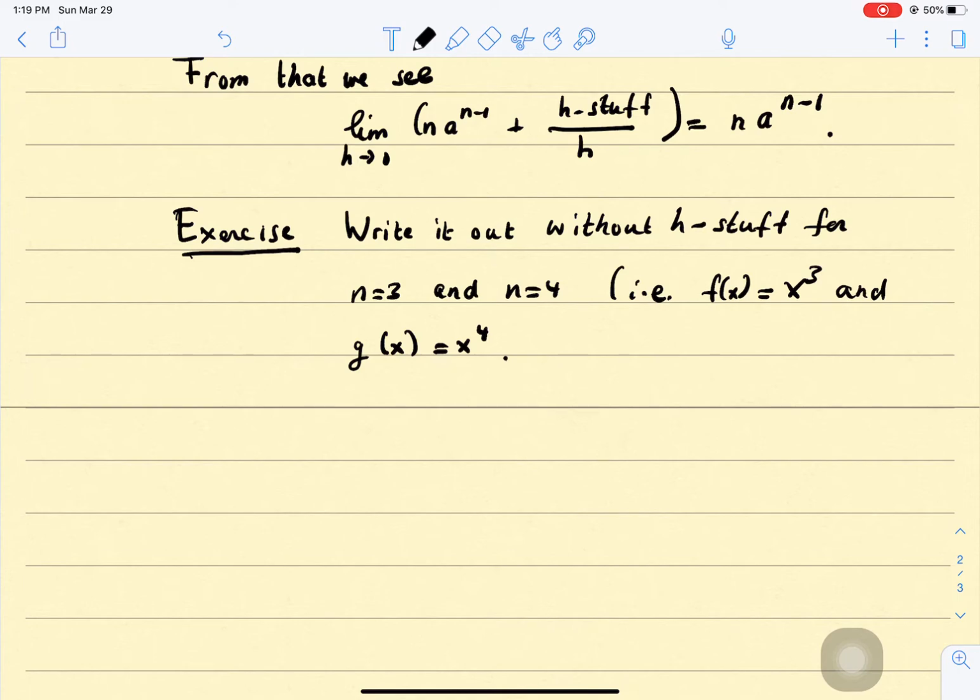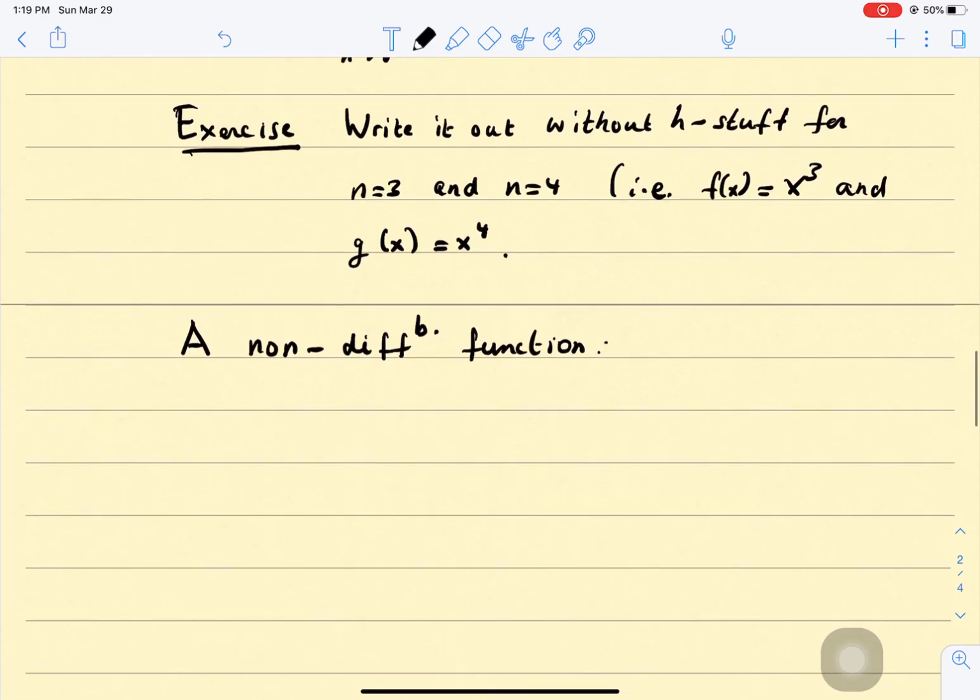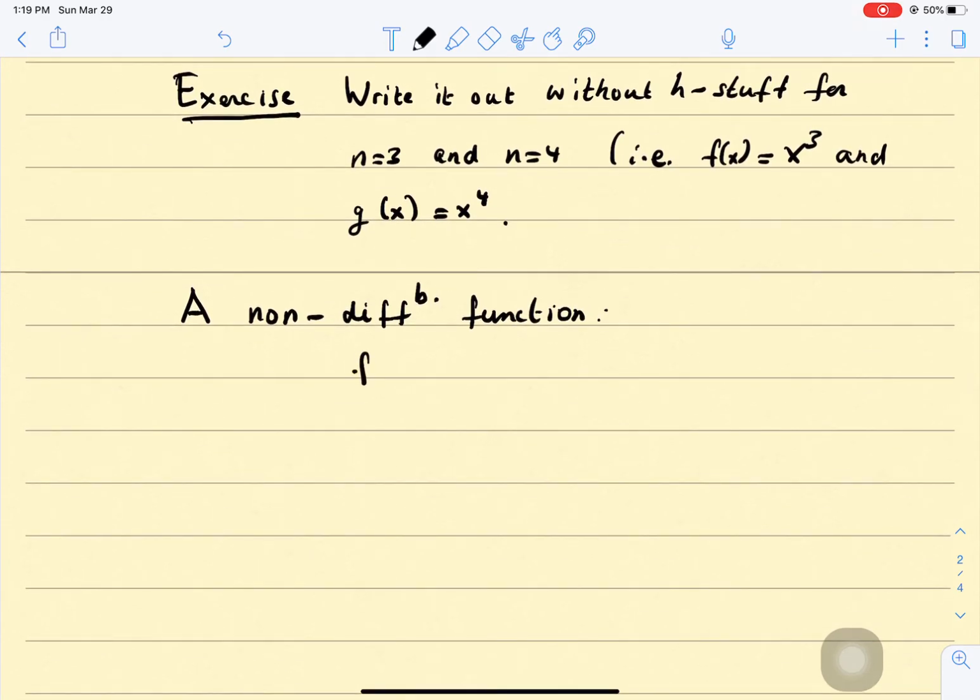Now I want to show a function that's not differentiable. A non-differentiable function. That's not all that hard. The function f of x is the absolute value of x is not differentiable at 0. Why?